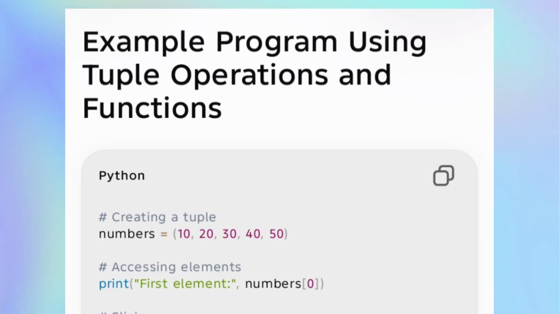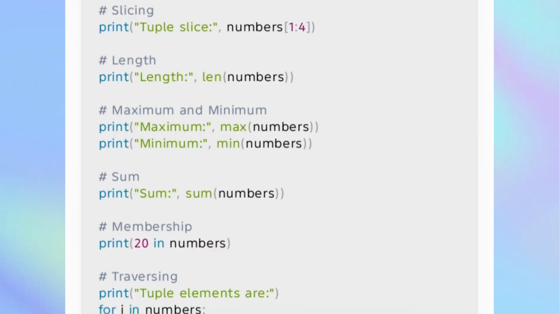Example program using tuple operations and functions: numbers = (10, 20, 30, 40, 50). Print the first element, numbers[0], which returns 10. Print a tuple slice, numbers[1:4]. Print the length of numbers, max of numbers, min of numbers, sum of numbers.